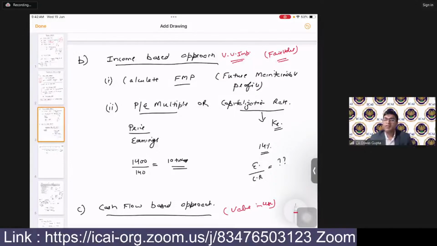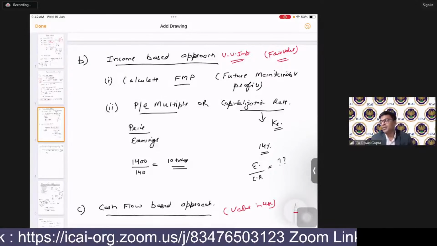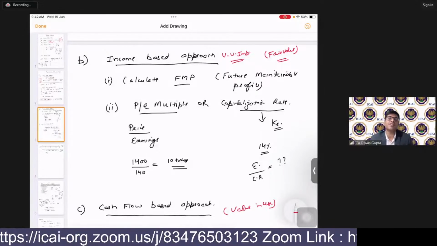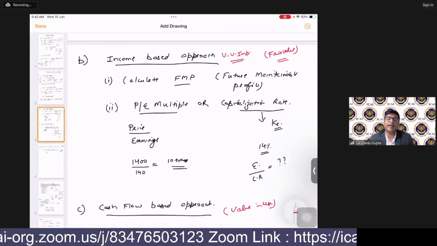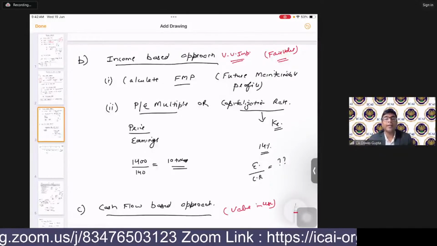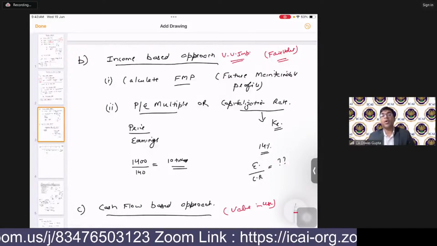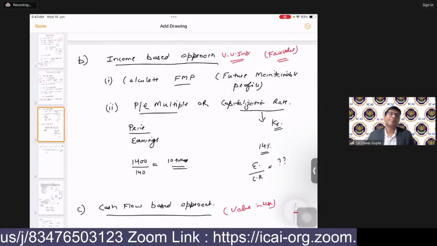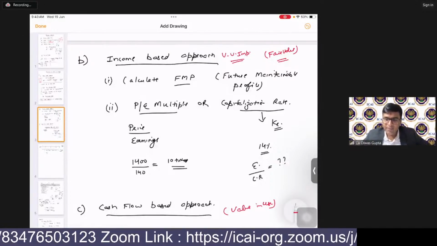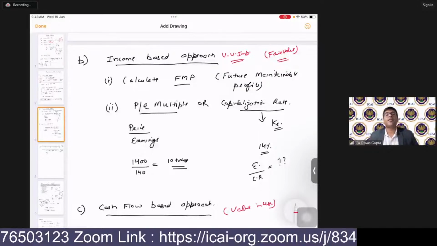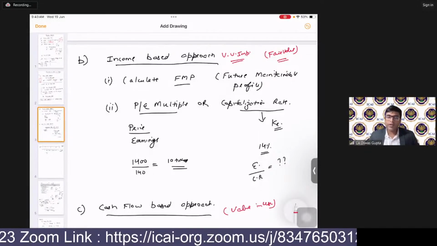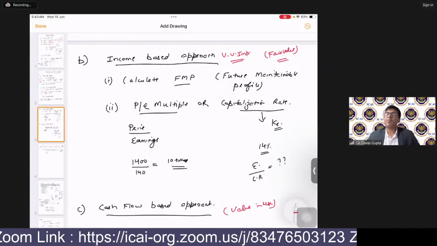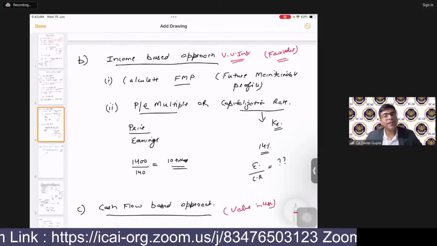Now, students, whenever we talk about valuation and specifically income based approach, we have to always be cognizant of the fact that whatever I'm earning today is a result of a lot of abnormal things. For example, it can be some abnormal gain, or it can be because of some abnormal loss. It is not a future maintainable profit. Now, what do we mean by future maintainable profit?